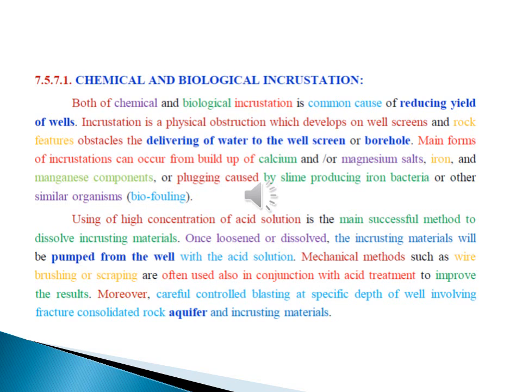Once loosened or dissolved, the encrusting material will be pumped from the well with the acid solution. Moreover, mechanical methods, such as wire brushing or scraping, are often used in conjunction with acid treatment to improve the recovery.